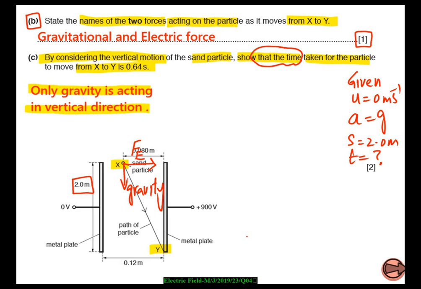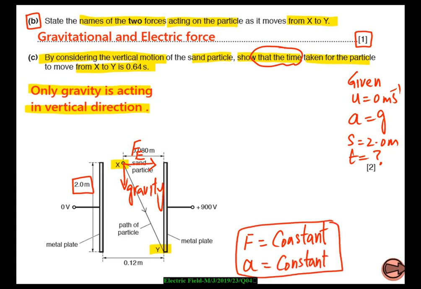So if this is the case, then we can use the kinematic equation s is equal to ut plus 1 half at squared. As in this case u is equal to 0, we can simplify this and simply say that s is equal to 1 half at squared.